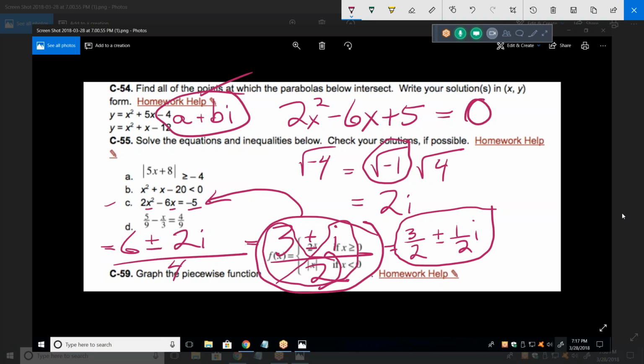Whether they wanted it in that format or not, I can't really tell by their question. But either this or this is the answer. Not the one over here, because that can definitely be simplified. They always want you to simplify it if it can be simplified.